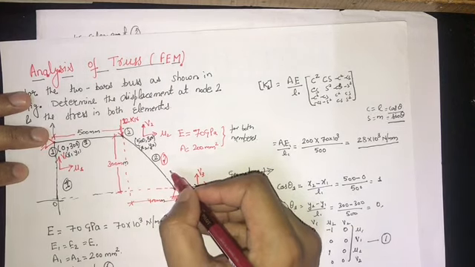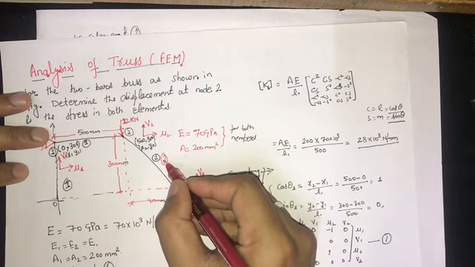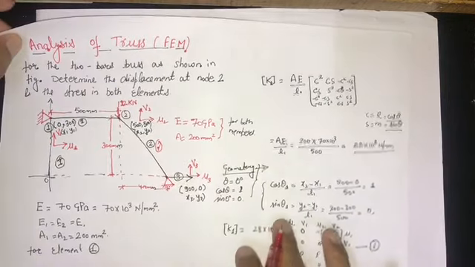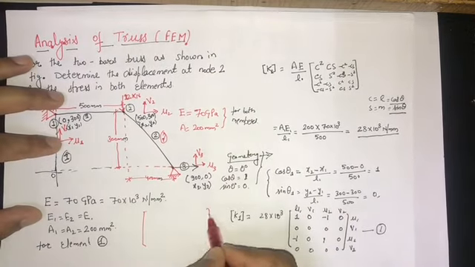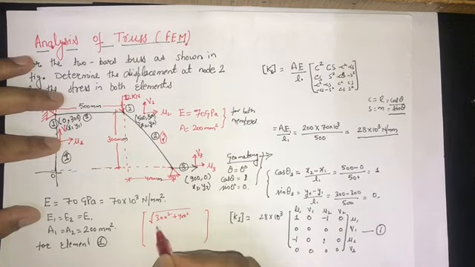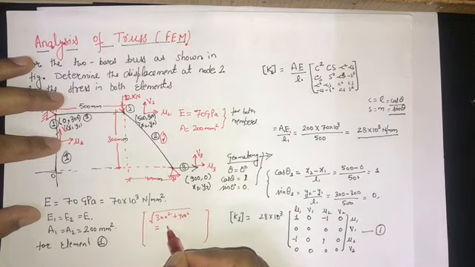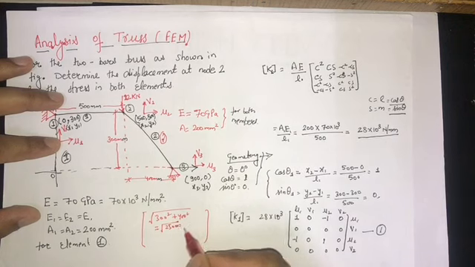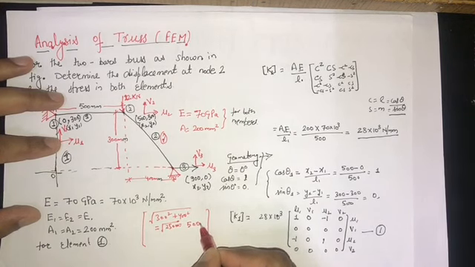By using the Pythagoras theorem, we can calculate L2, where L2 is equal to the square root of 300 square plus 400 square, which is 250,000, which is equal to 500 millimeter.